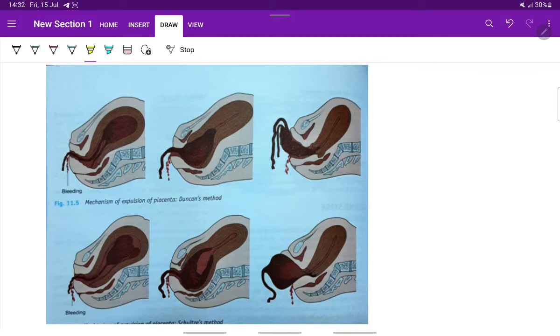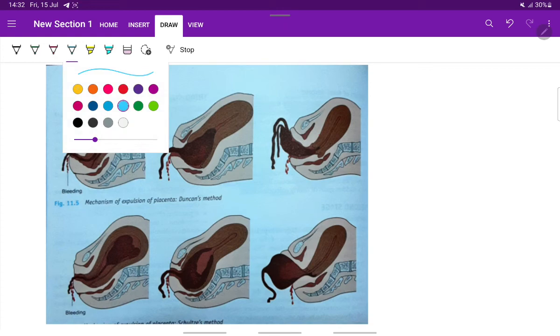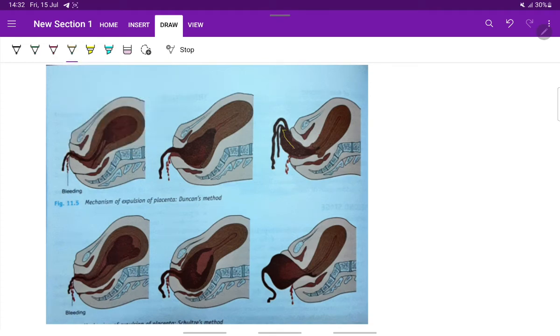This is the long axis of the placenta, which corresponds to the long axis of the uterus. And thereby it comes out, the maternal surface is exposed outside, whereas a little of fetal surface is visible. This is the Duncan's method.